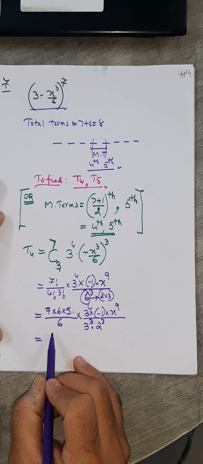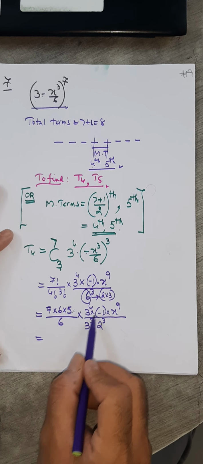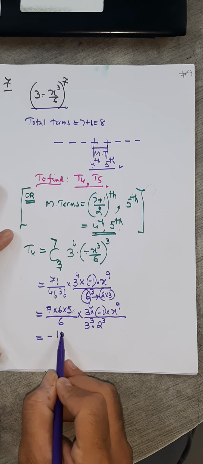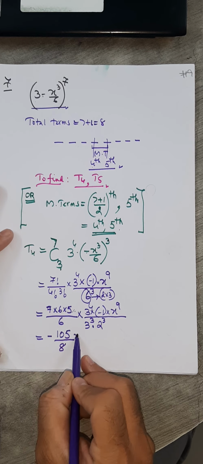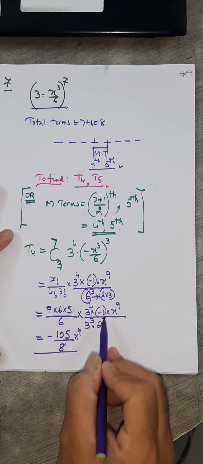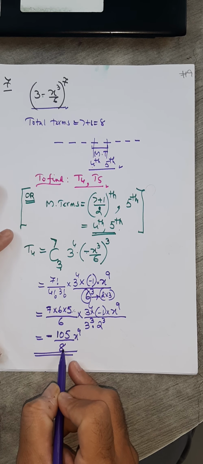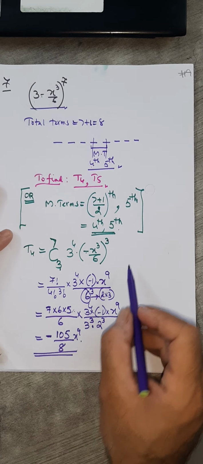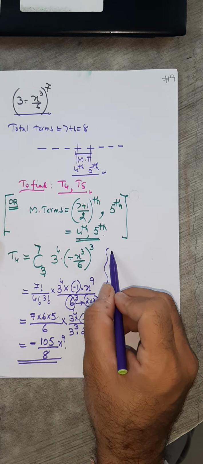So here if you simplify, you will get minus 105 upon 8 into x raised to 9. I wrote this directly. You just simplify, you'll get this. Minus 105 upon 8 into x raised to 9. Fine. This is T4.